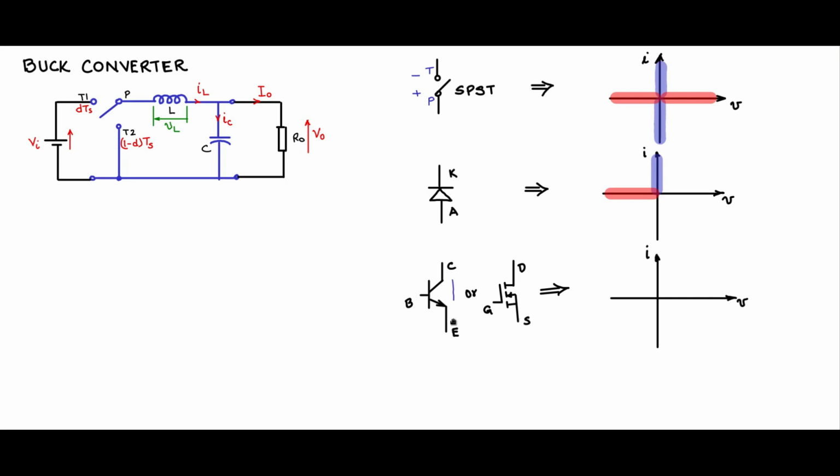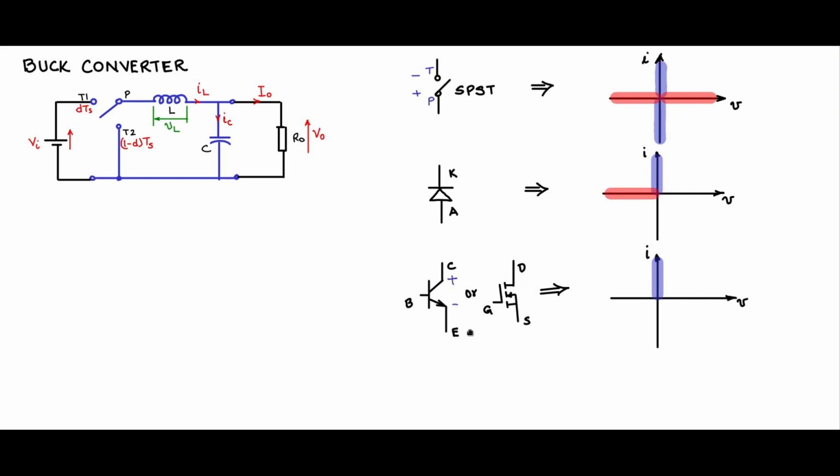When they are on, do these devices allow current to flow from collector to emitter, if we consider that as the positive direction, or drain to source? Yes, all these are operating points. Does it allow emitter to collector current flow or source to drain current flow? No. Therefore the negative portion of the I-axis is not operating points.